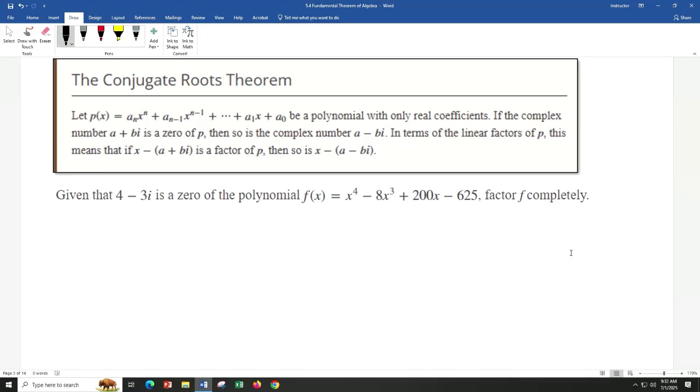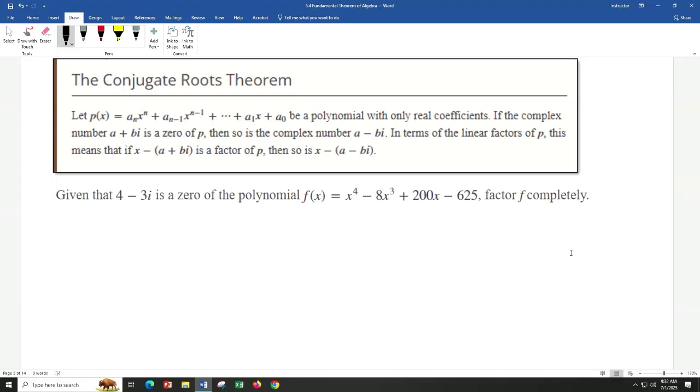Okay. So looking at this one right here, very carefully, this is what it's saying. Since 4 minus 3i is a 0, what else has to be a 0? What does the theorem say? If I have a 4 minus, I have to have a 4 plus. Okay.